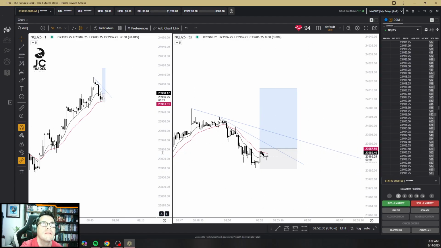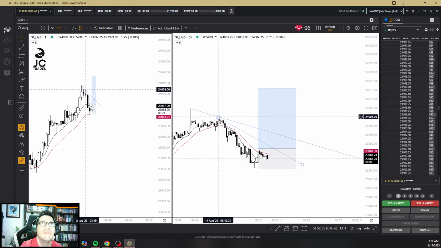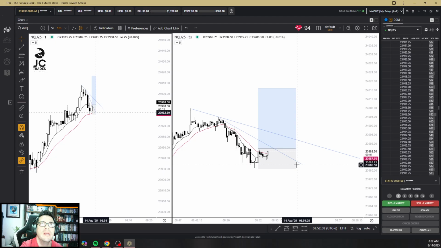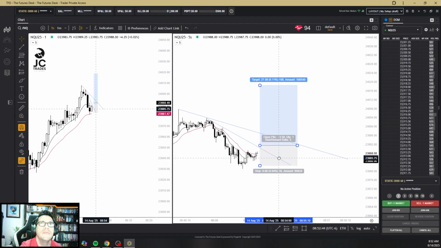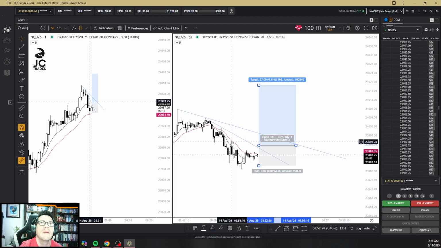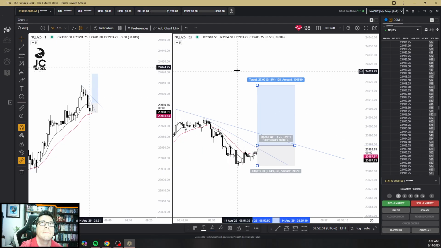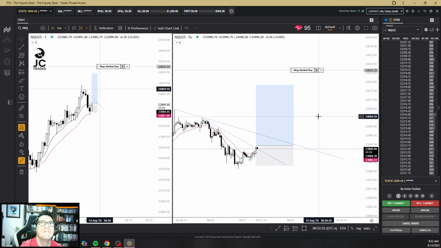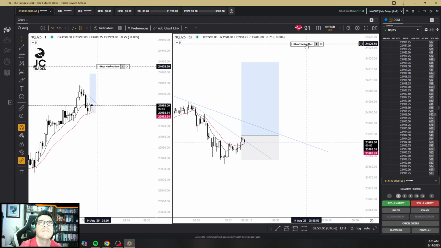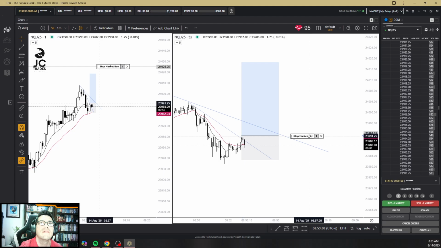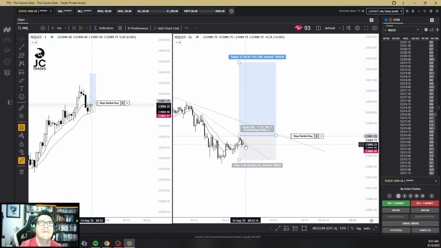Right now we already had a touch of the 20 EMA, but we are still below the containment line, so we have to wait for a proper move here above the containment line. And wait to see if price wants to come and run above this high here.